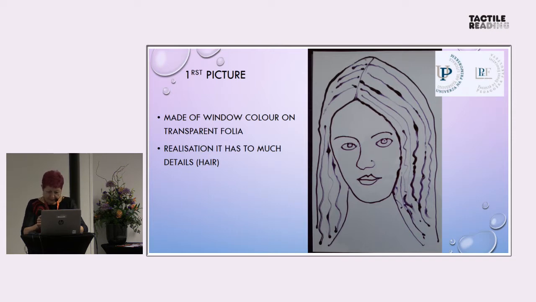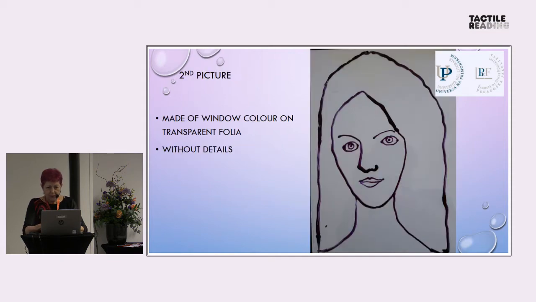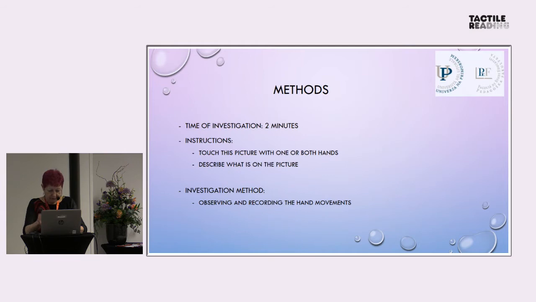And we realized that we must make another one. So I made another one without details of the hair, also made of window color on transparent folia. This is the second one without. Well, you can touch both of these pictures, of course.